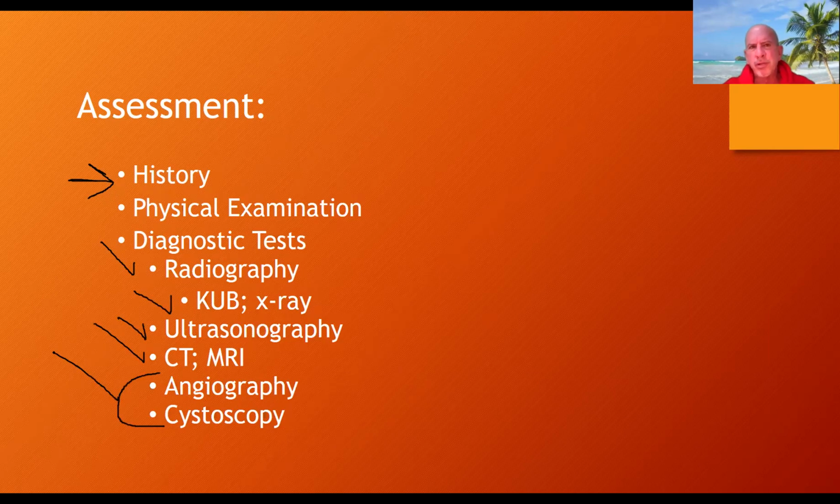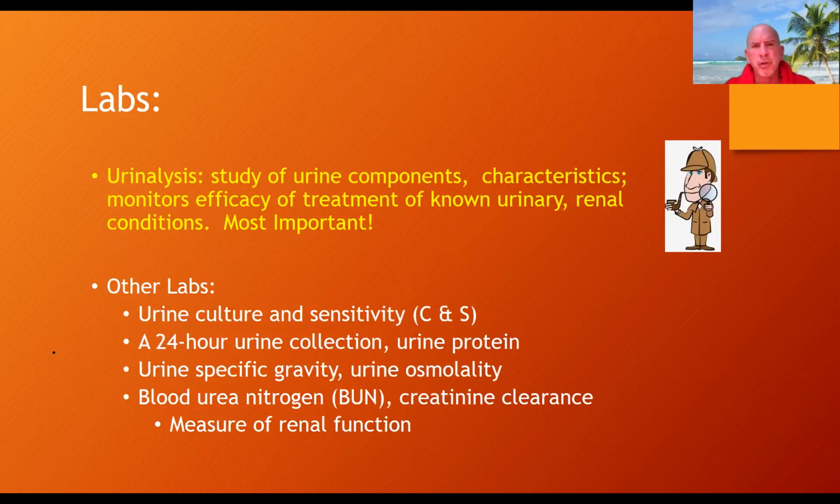The most important assessment you're going to use on the urinary or elimination system, the genitourinary system, is the urinalysis. And fortunately, it's also the easiest. Here, go pee in this cup. But the urinalysis can tell you a variety of things going on with the bladder and the whole entire urinary system, from the kidneys on down, the entire GU system.